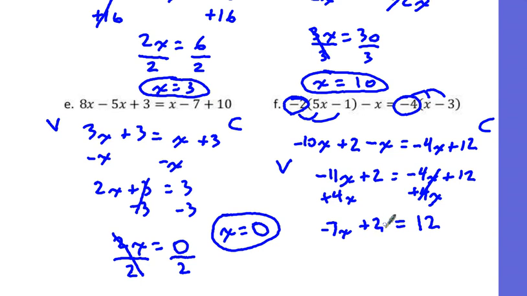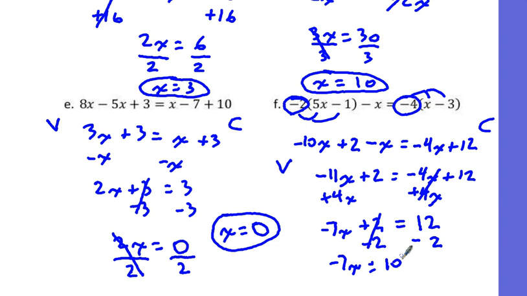We should add 2 to both sides, or subtract 2, because again, inverse operations, we want the 2 to be on the right side of the equation. And so negative 7x equals 10.